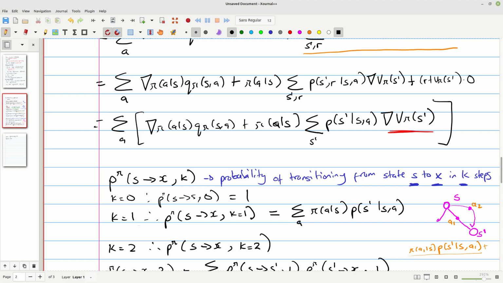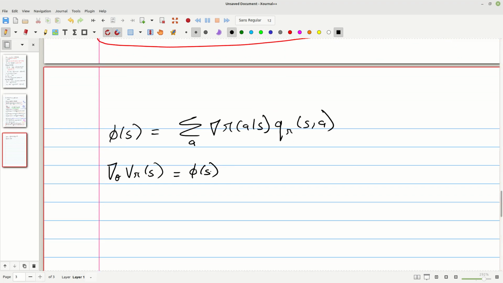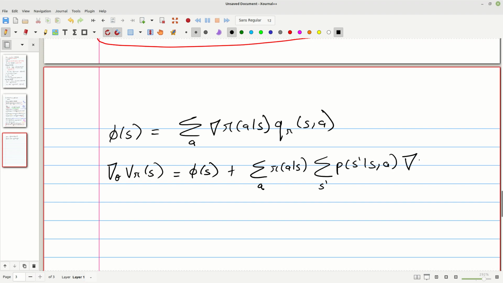I should indicate here that this over here is what we're calling phi of s, right? So this is phi of s plus the summation over all actions of pi a given s times the summation over all s prime of the probability of ending up in s prime given I'm in s and take action a, times the derivative of v pi s prime.